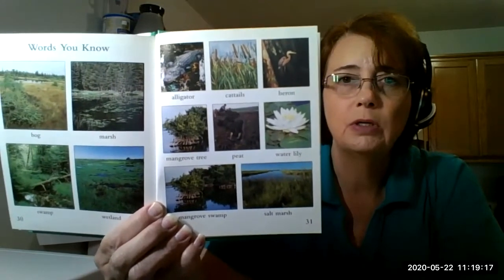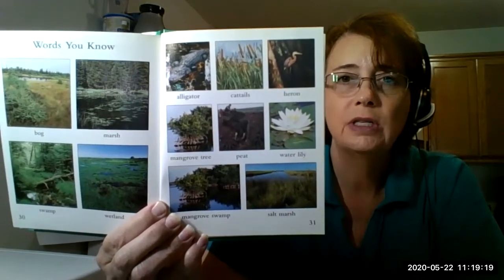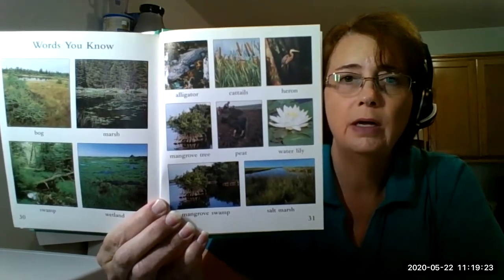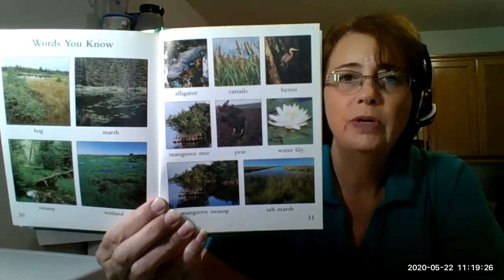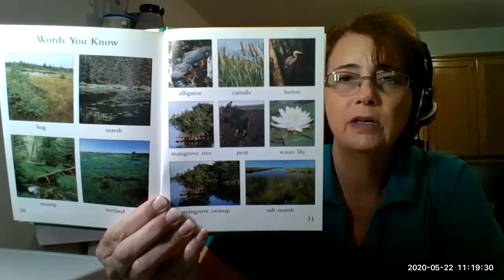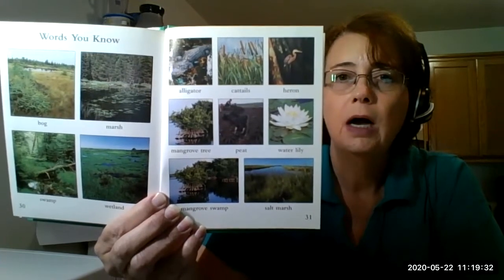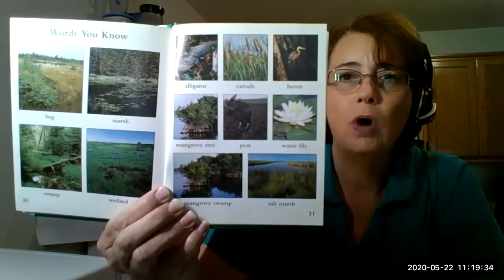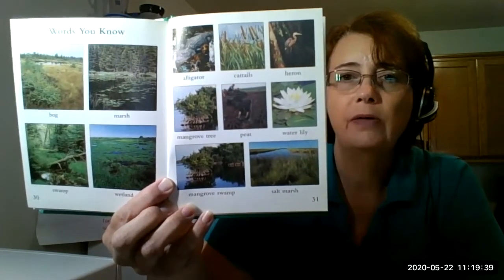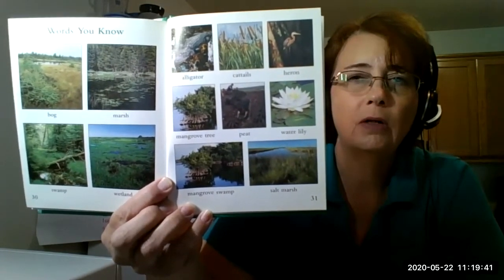features that you'll see in this book, like we have cattails, which are in the top middle. We have herons. I showed you we have a blue heron, and there's a white one too. We do not have mangrove trees. Those are in wetlands that you might find in Florida. There's peat, there's water lilies, and a mangrove swamp is again down in Florida or down near maybe North Carolina.